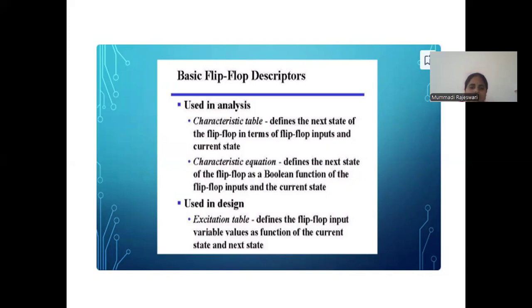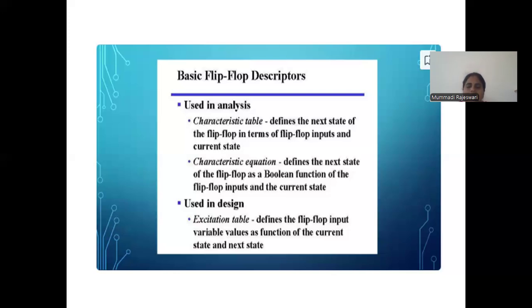And the excitation table defines the flip-flop input variable values as a function of the current state and the next state. In the excitation table, we need to find the exact inputs for that flip-flop when we know the present state as well as the next state. That is about the excitation table.